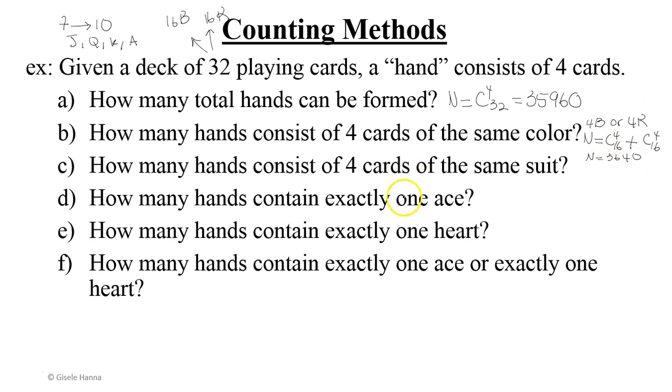Okay, now how many hands consist of 4 cards of the same suit? Now we know that a deck of cards contains 4 suits, which are the diamonds, the hearts, the spades, and the clubs. So 4 suits with a total of 32, it means that 4 suits with 8 cards each.